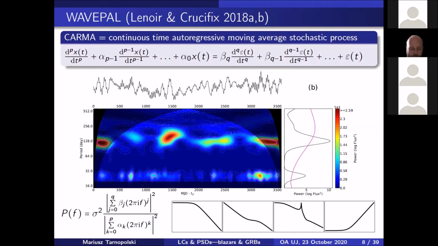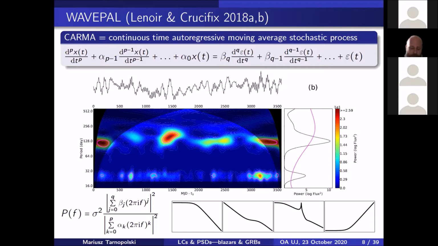the package WavePal, which is suitable also for highly irregular time series, employs a so-called CARMA stochastic model as the background model for the variation. CARMA stands for continuous time autoregressive moving average. So it's basically a continuous time ARMA.